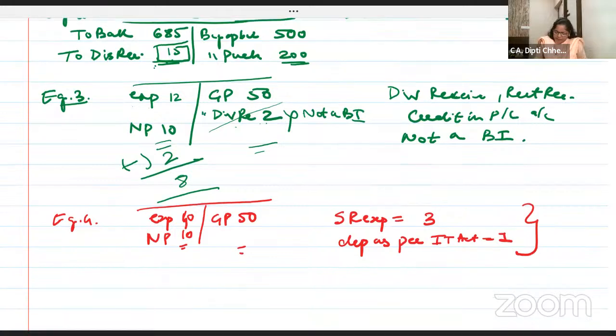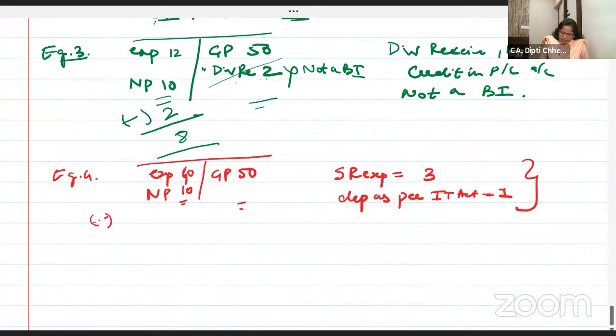So now debit. If I debit now, what's the impact on net profit? Or kam ho jayega. You have debited expense, but you didn't debit scientific research. So ab debit kar do. Depreciation as per the income tax. Ab credit kar do. Clear?